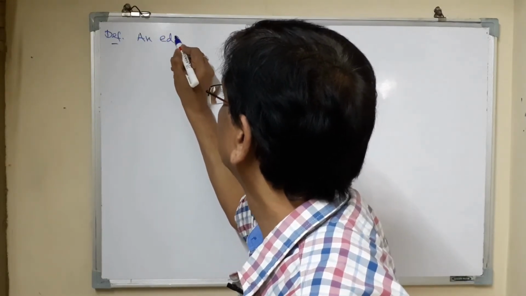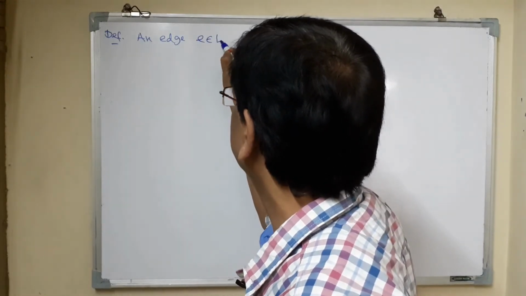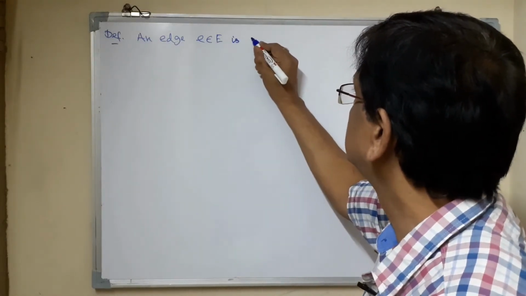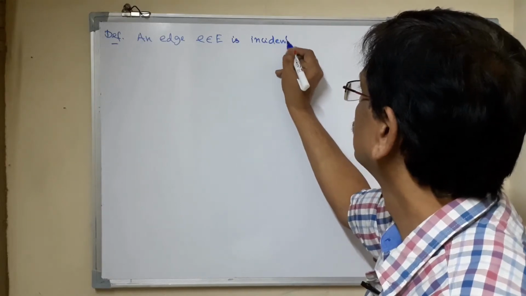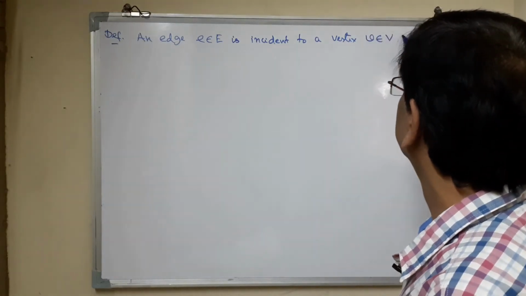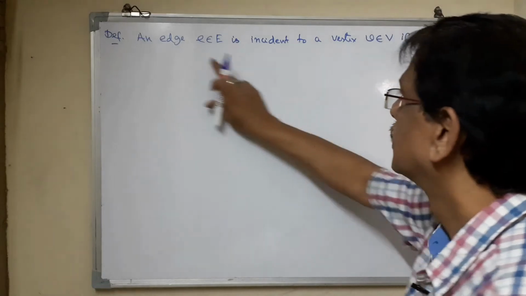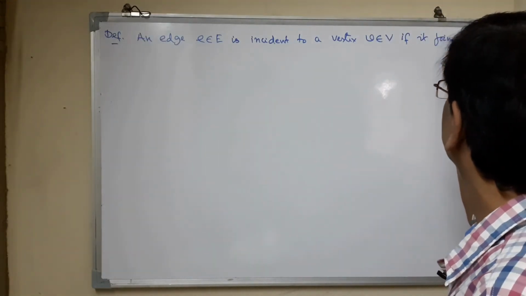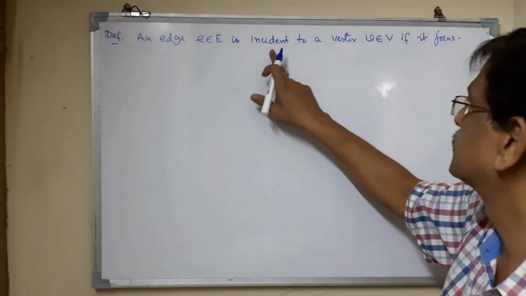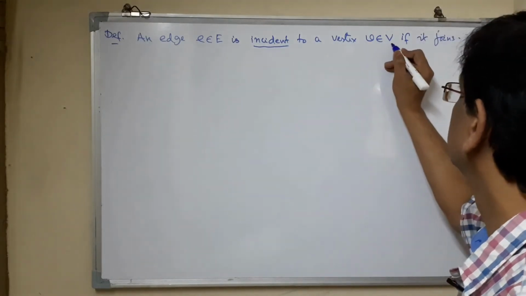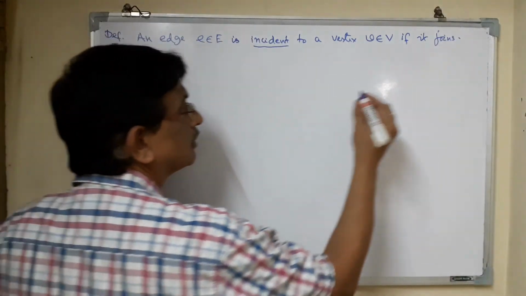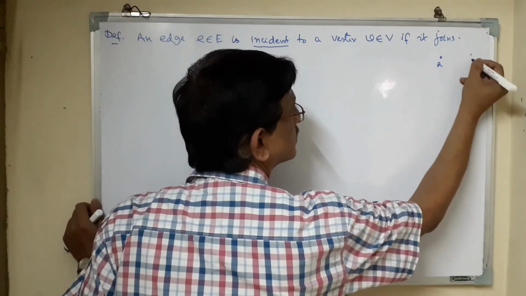An edge E belonging to E, where E is the set of edges, is incident to a vertex V in V if it joins V. Let us see a small example of this.